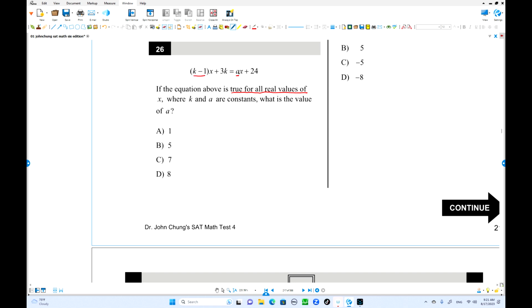Coefficient of x must be equal, okay? So k minus 1 equals a. Now constant must be equal to constant 24. From here, we can find the value of k is 8. Put this number k is 8 there. 8 minus 1 is 7, right? That's the value of a.